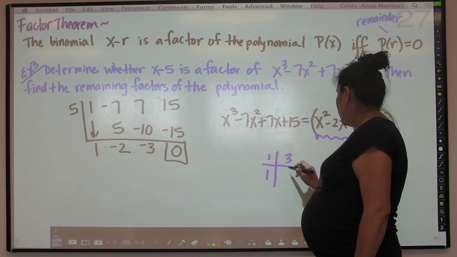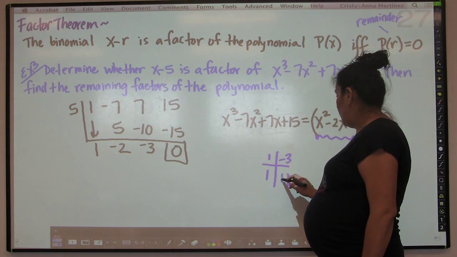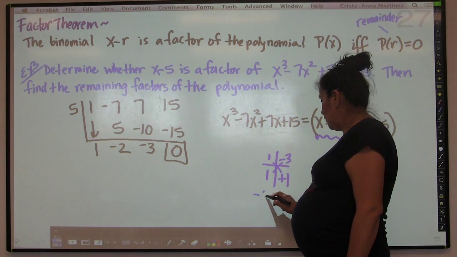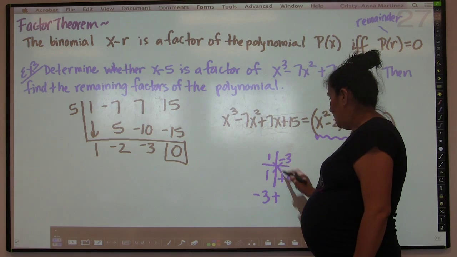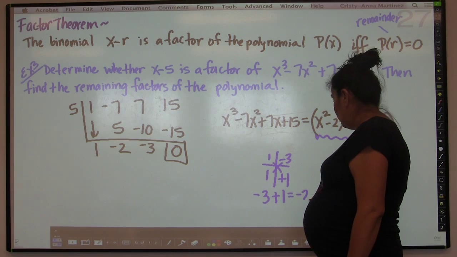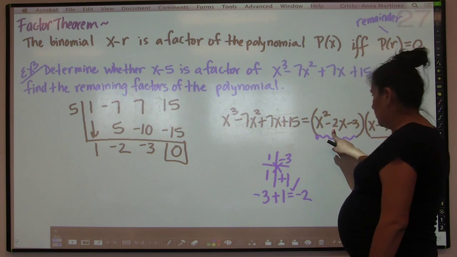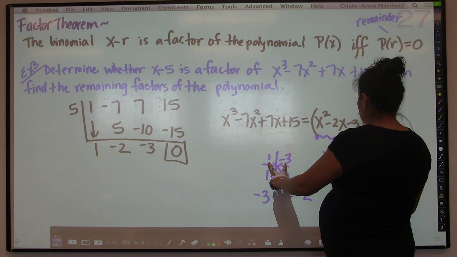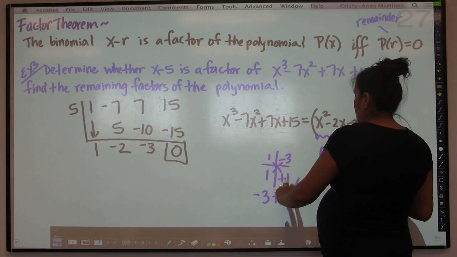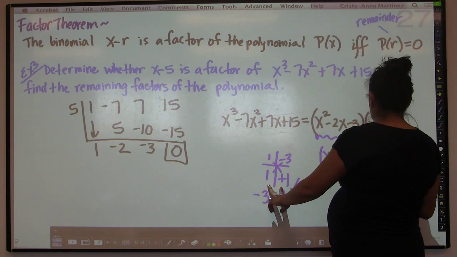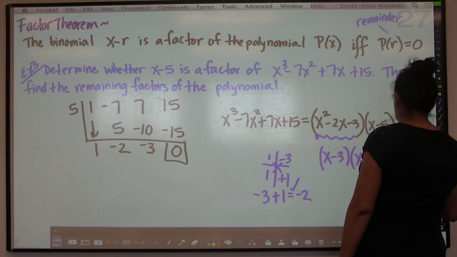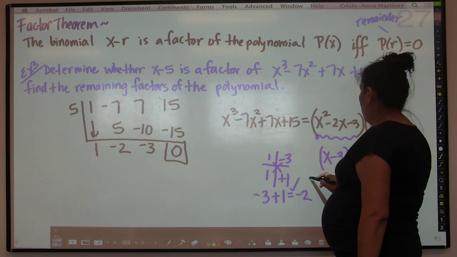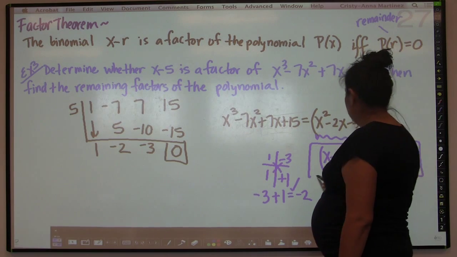So we're going to say 3 times 1, and we're going to go negative 3 and a positive 1 here, so that we can get negative 3 on that diagonal, plus a positive 1 on that diagonal, which will give us a negative 2, which is in fact the middle term. So the other two factors are going to be x minus 3 and x plus 1, along with the x minus 5. So now we have all three factors together.